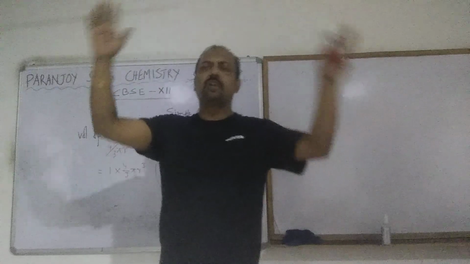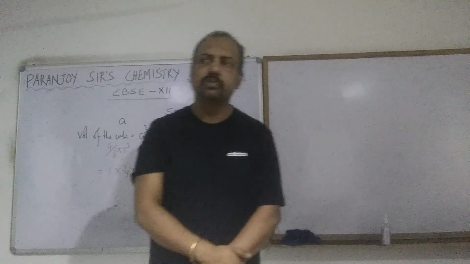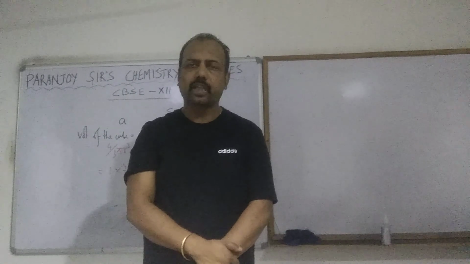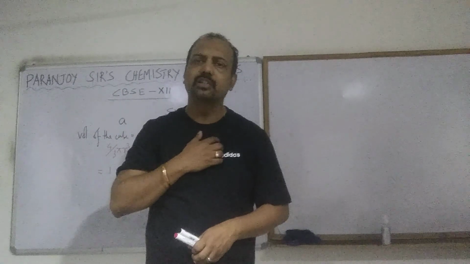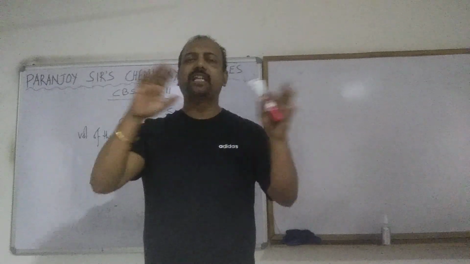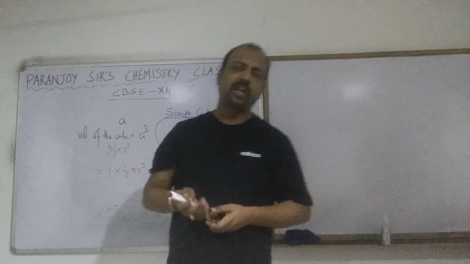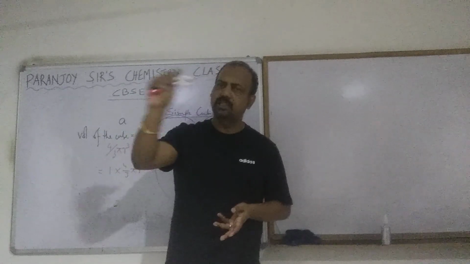Out of how much volume? What is the volume of the cube? a cube. Okay. So out of a cube, how much is occupied by the lattice point? 4/3 pi r cube. Right? Write it down.